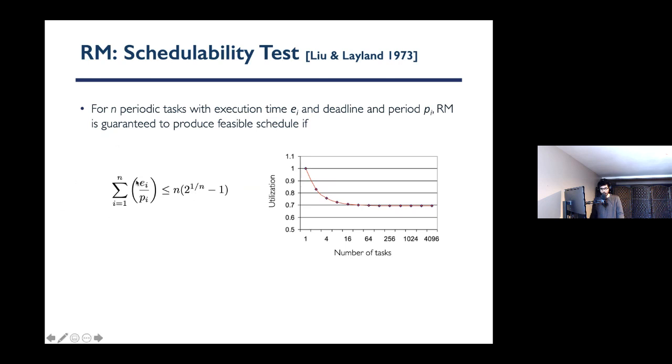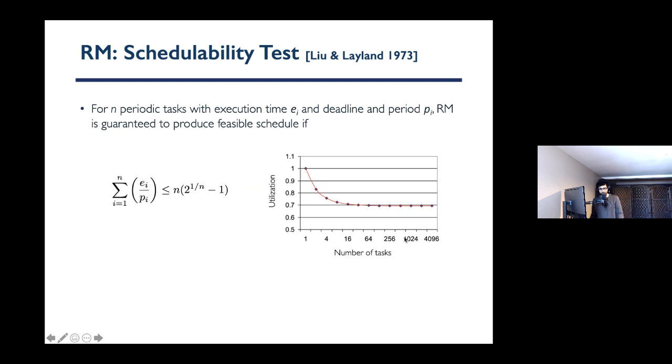Now, if you plot this number, the right-hand side, n times 2 to the 1 over n minus 1, for different numbers of n, with n on the x-axis and the utilization, or the bound on the total utilization, on the y-axis, you can see that as the number of tasks in my system increases, this bound goes down.